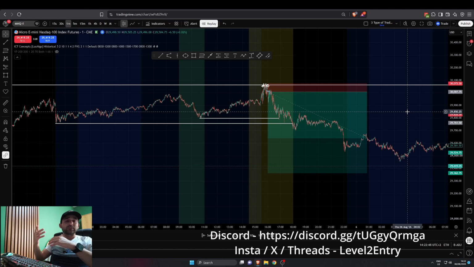After the sweep was done, I looked for my strategy criteria to tick all the boxes. Once all the boxes were ticked by sweeping the key liquidity point, making a bearish move, and retracing above the 61.8 of the fib and filling an IFVG, an entry short was good to be taken.